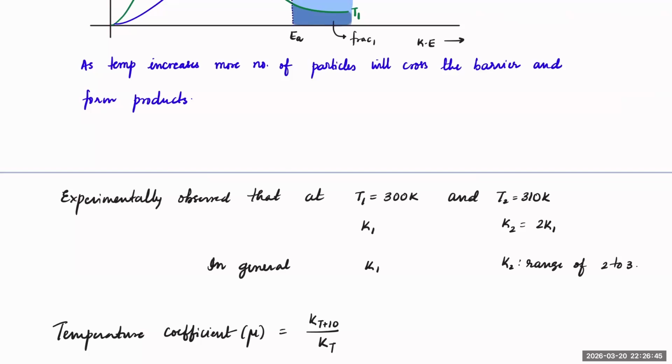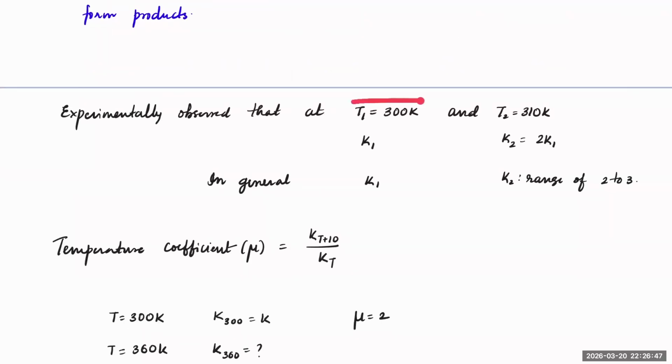Now suppose experimentally at temperature T1 equal to 300, I find the rate constant as K1. And at temperature T2, after increasing by 10 degrees, I find the rate constant K2. For most cases, the K2 value is almost double the K1 value. That means for every 10 degrees temperature change, the rate constant increases approximately 2 times.